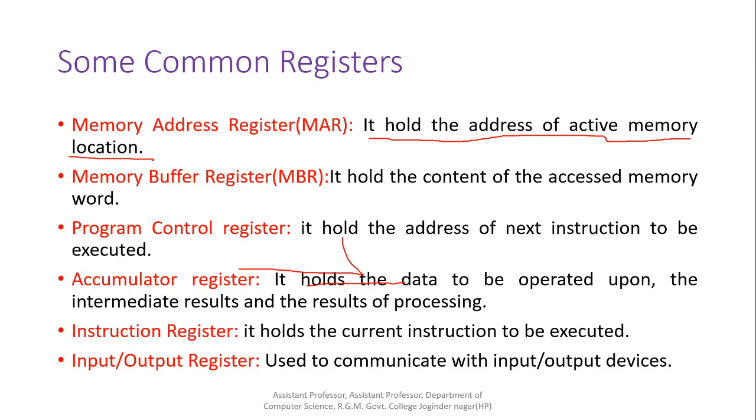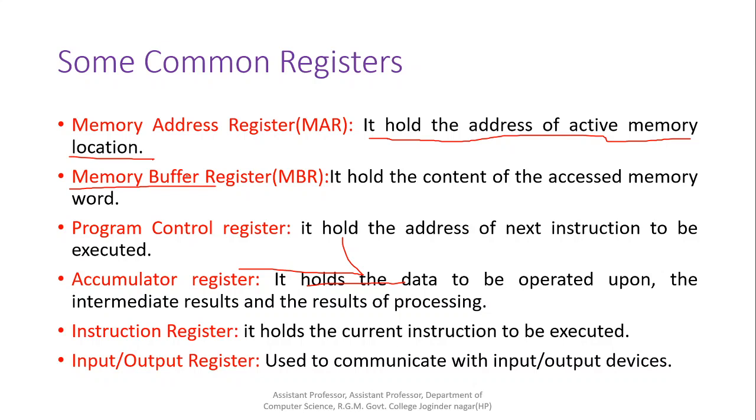The next register is the memory buffer register. As the name indicates, it is a kind of buffer, and a buffer is a place where data is temporarily stored. The memory buffer register holds the content of the accessed memory word. An instruction word placed in this register is transferred to the instruction register.